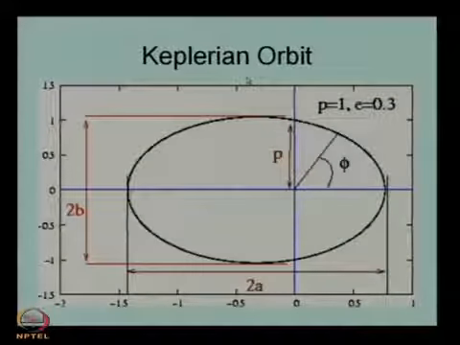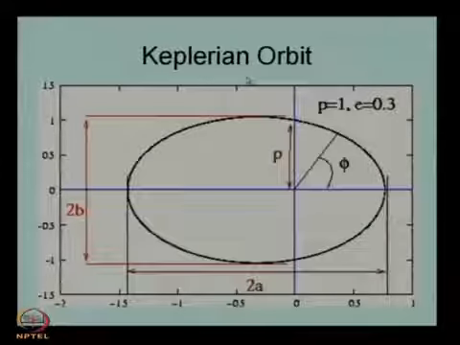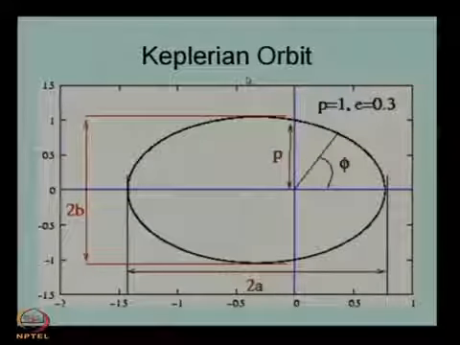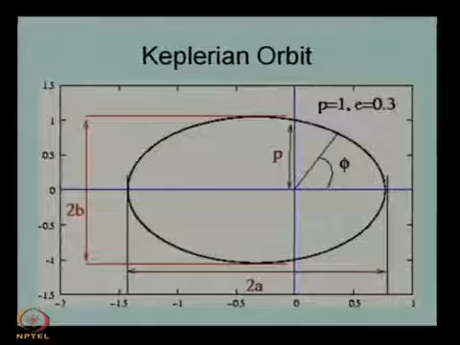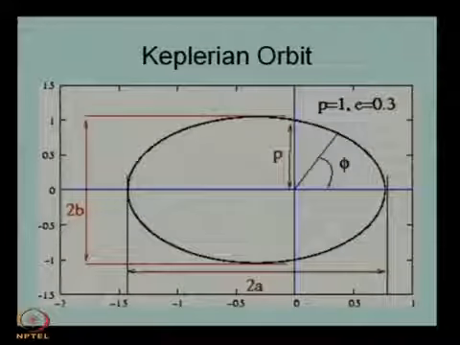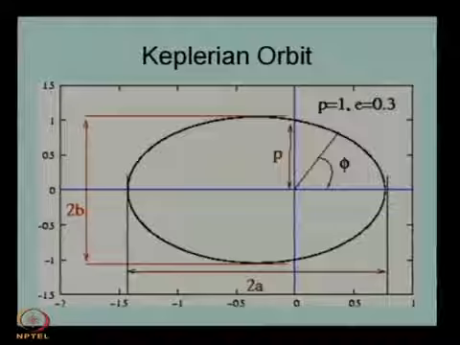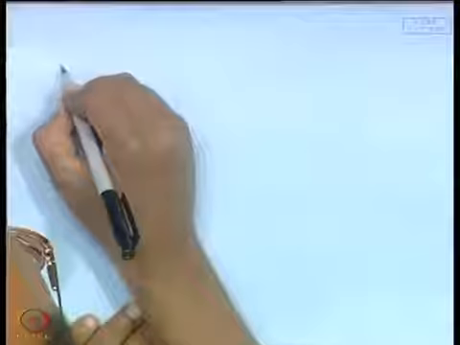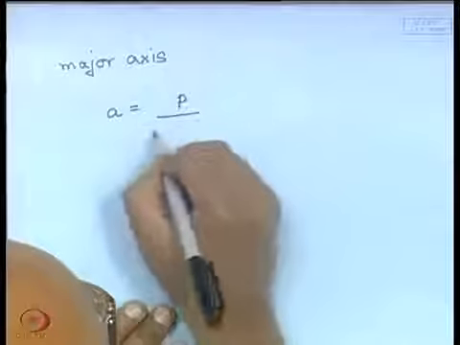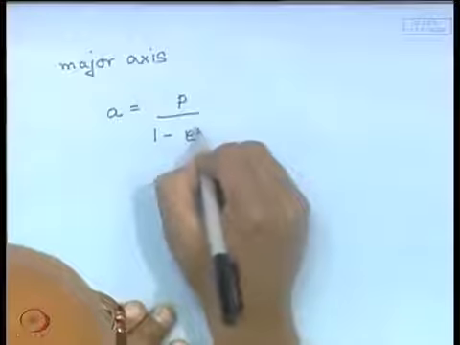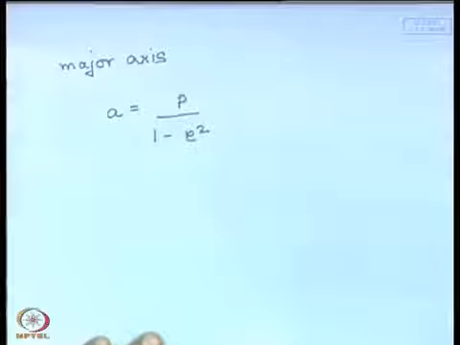Now, we know that the major axis is p by 1 minus e square. This is a straightforward calculation.